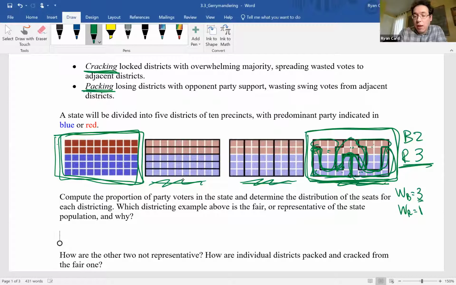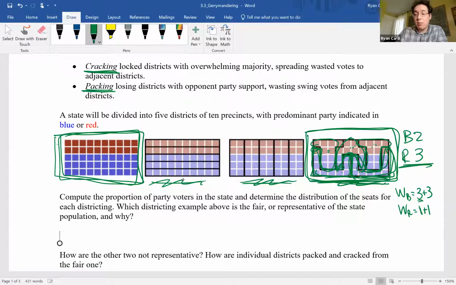On the bottom right, this is again 9 and 1. So the blue side wasted 3 more, and the red side wasted 1 more on the bottom right district. And then in the top 3, the red party needed exactly 6 votes to win each of these representatives, and they didn't waste any votes.